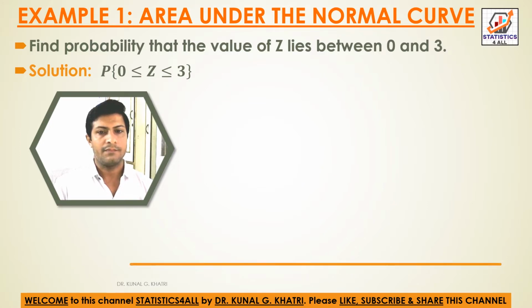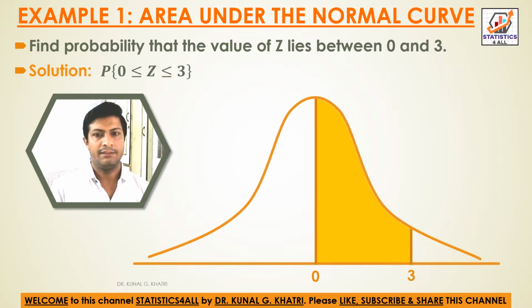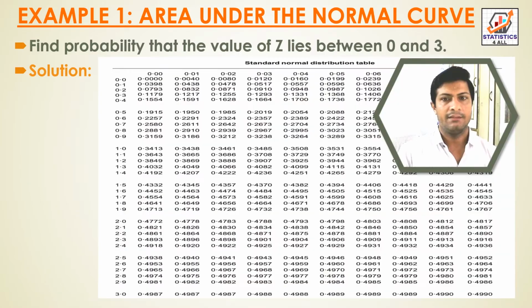Here the x-axis is the normal curve, bell shaped, with mu equal to 0. So now here 3 is on the positive side. This is the area.